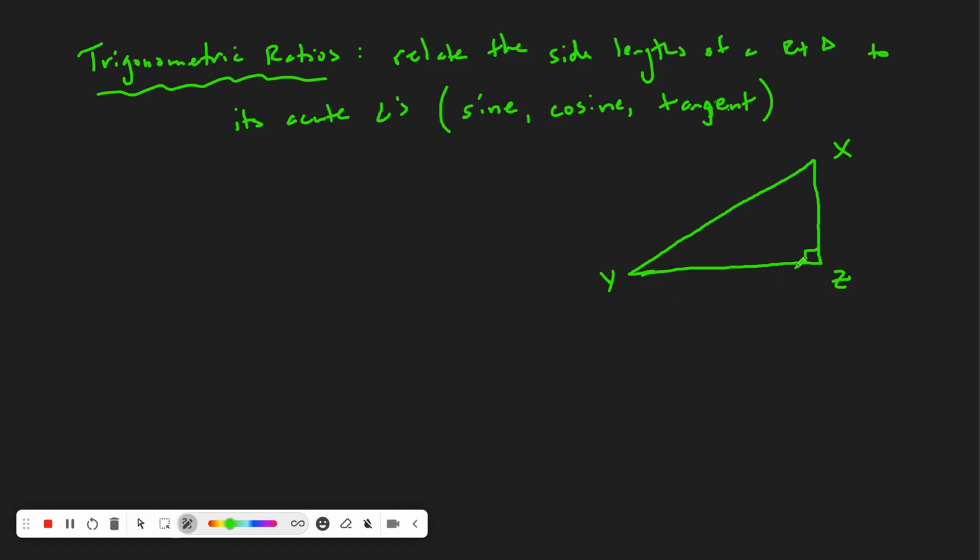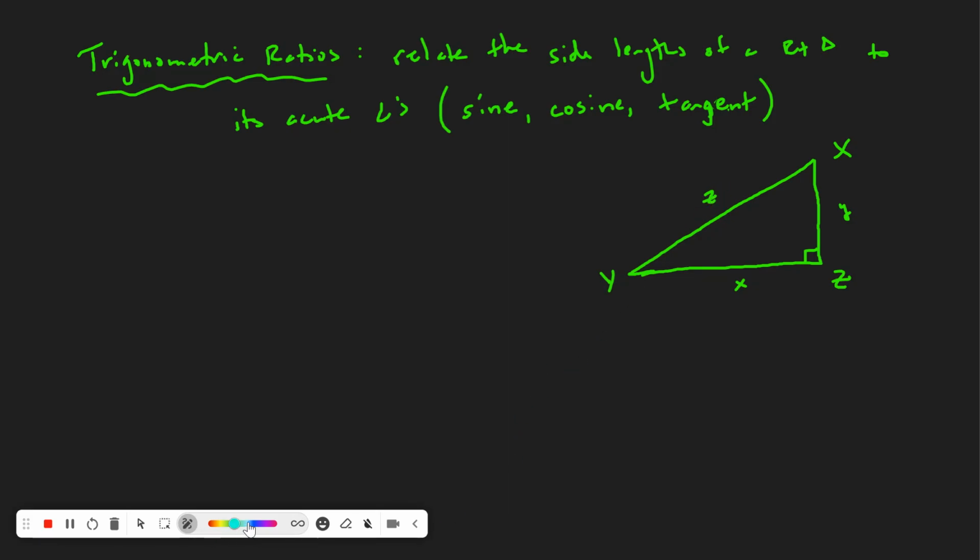It is customary that when you name a triangle with the letters X, Y, and Z, the side opposite each angle is labeled with the lowercase letter. If X is at the top, the bottom side between Y and Z is lowercase x. If Y is on the left, then side XZ is lowercase y. And if Z is the right angle, then the hypotenuse, XY, is lowercase z. You'll see that as we go through.